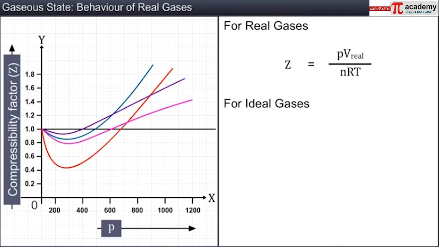If the gas is an ideal gas, then V = nRT divided by P. On substituting the value of nRT divided by P in the equation for compressibility factor, we get Z = V real divided by V ideal. From this, we can conclude that Z gives the ratio of the actual molar volume of a gas to the molar volume of it, if it were an ideal gas at that temperature and pressure.